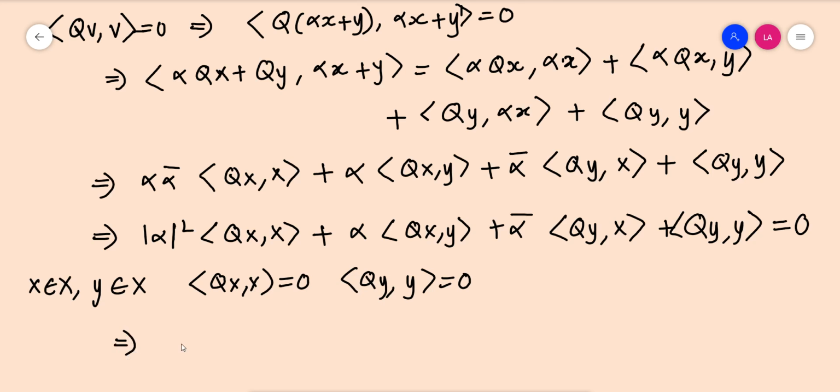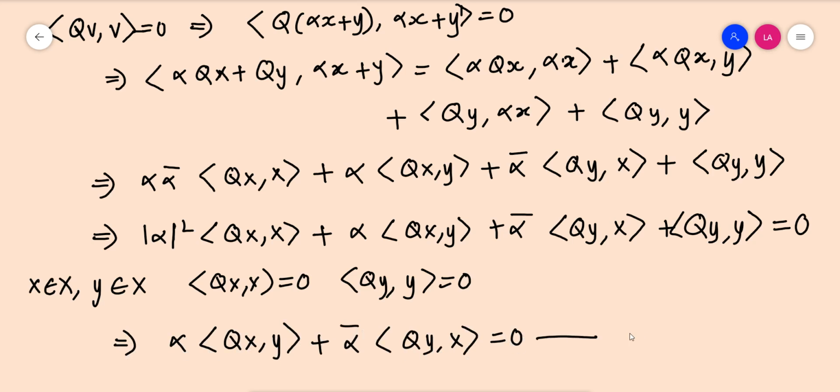So we can substitute that in this expression, and we get α times inner product ⟨Qx, y⟩ plus ᾱ times inner product ⟨Qy, x⟩ is equal to 0. So this is equation number 1.